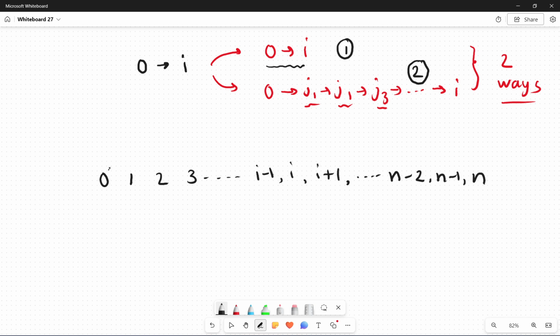If you want to directly jump from here to here, basically this process requires two types of costs, right? Two types of costs.